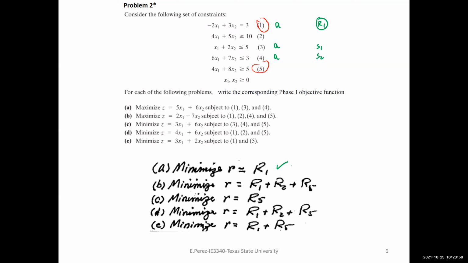For phase one, the objective function is always the same: the minimization of R, where R is the summation of the Ri's. So you're basically always minimizing the summation of the artificial variables for phase one.